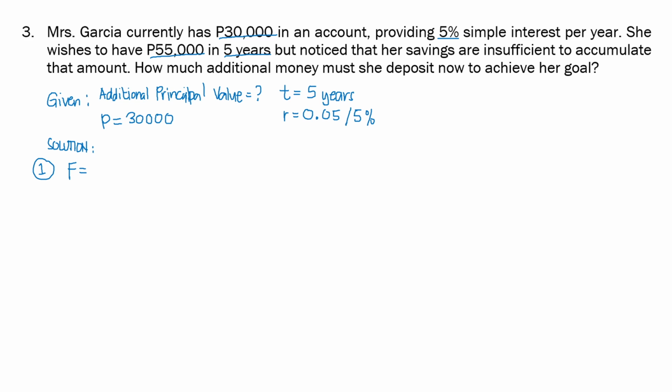Formula for future value is F is equals to P multiplied to the quantity of 1 plus R times T. So our initial principal is 30,000 multiplied to the quantity of 1 plus rate is 0.05 times time, which is 5.